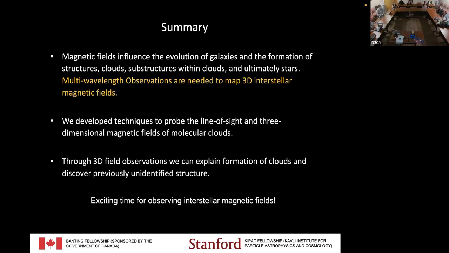I guess how much do you know about the rotation aspects of these filaments and clouds, and if it was a helical magnetic field, would it be aligned with the rotation of the observed filaments? Yeah. There were a number of studies that looked at the velocity information to explain it as the result of rotation of the filament.